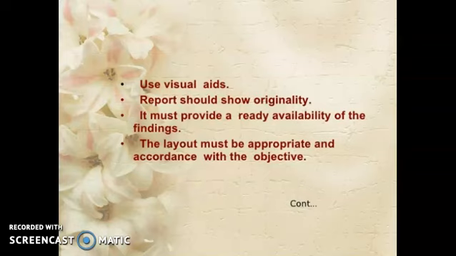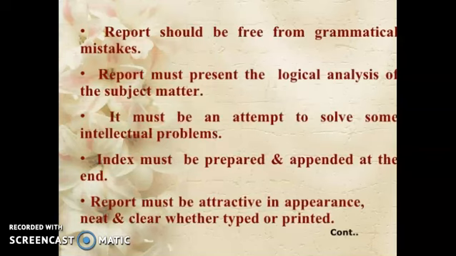Use visual aids. A report should show originality. It must provide ready availability of findings, and then the layout must be appropriate in accordance with the objectives. So you should have certain objectives too.